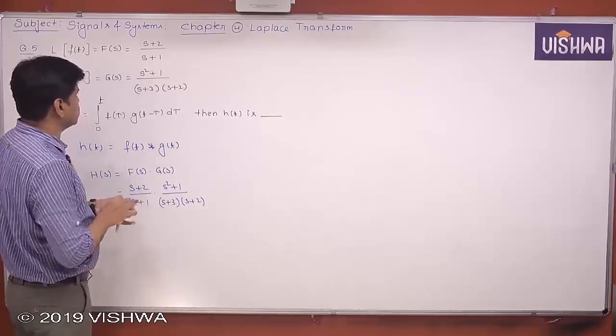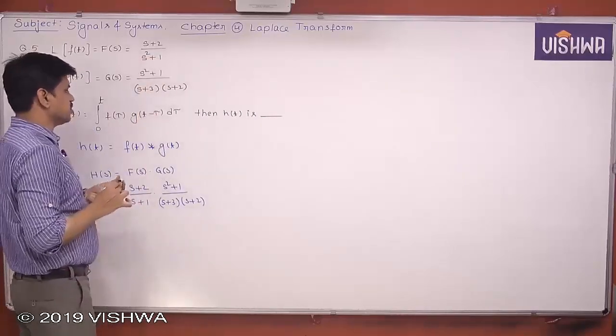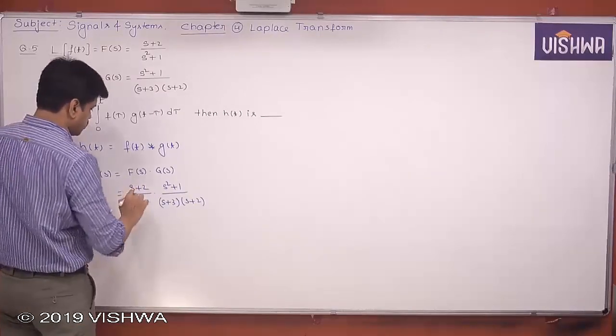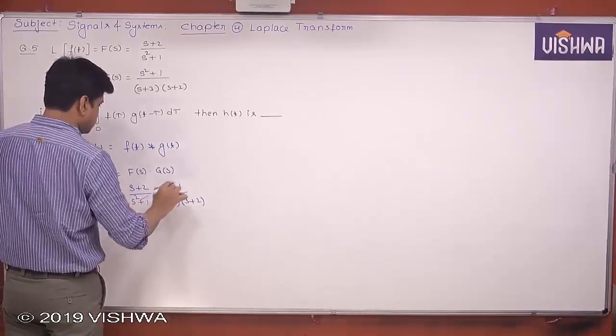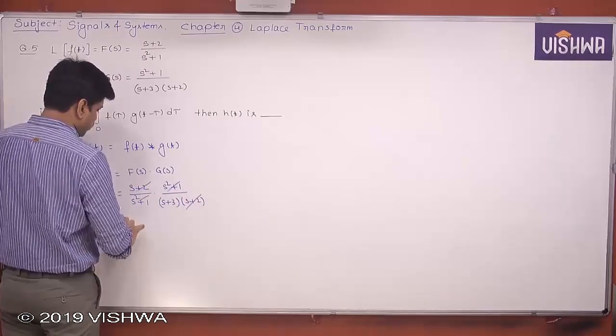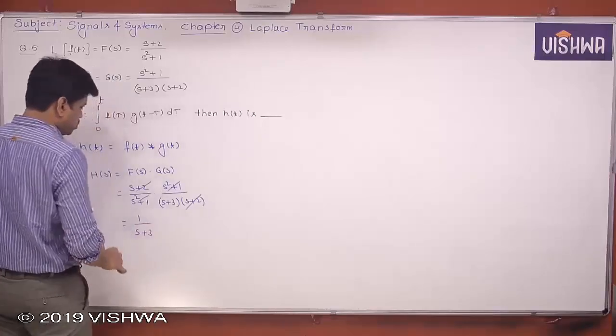Sorry, this is s square plus 1, please make a change. s square plus 1 gets cancelled, s plus 2 gets cancelled. Finally, we are left with 1 by (s plus 3). So this is what H of s is.